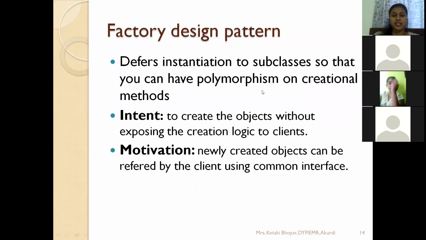Now, what is the factory design pattern? The factory design pattern again deals with the creation of objects, but it deals with the subclasses. Child classes can utilize the instantiations created in the main classes. Are you getting this? This is known as the factory design pattern.